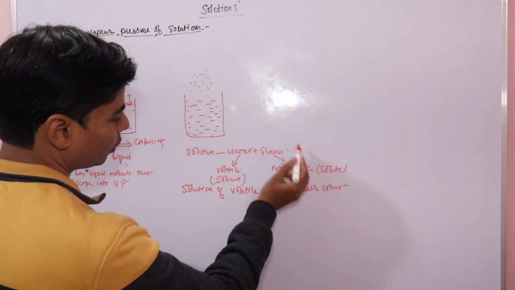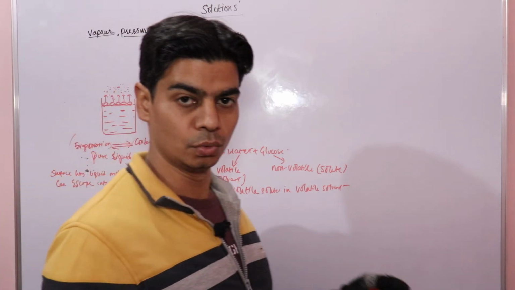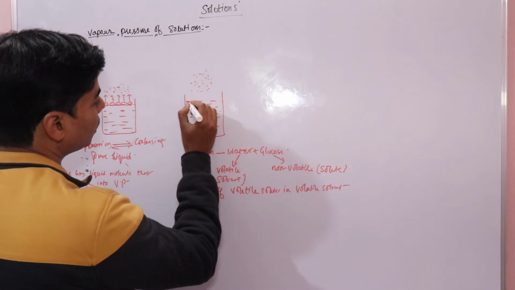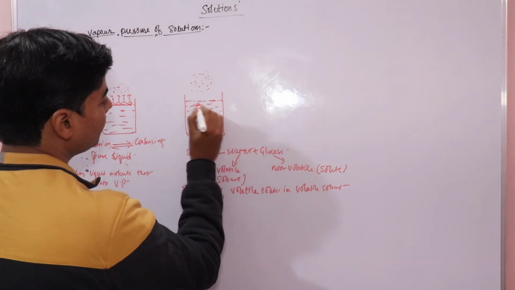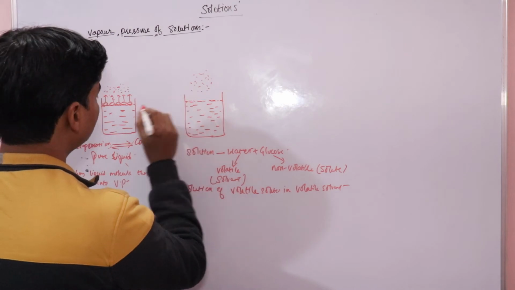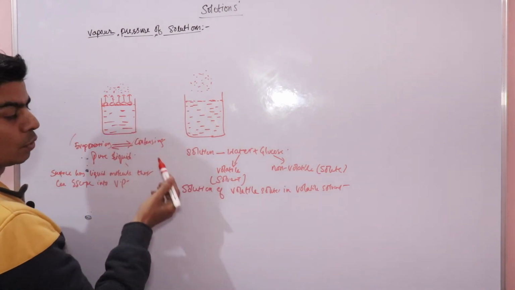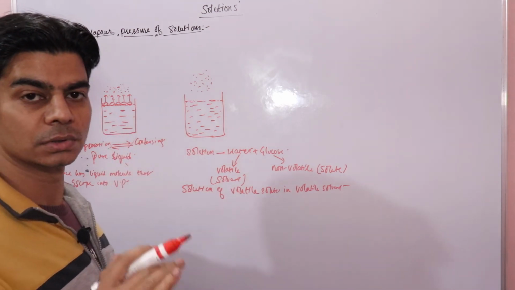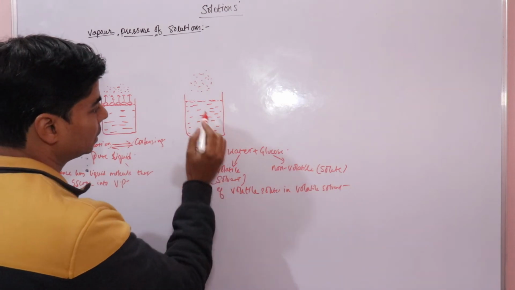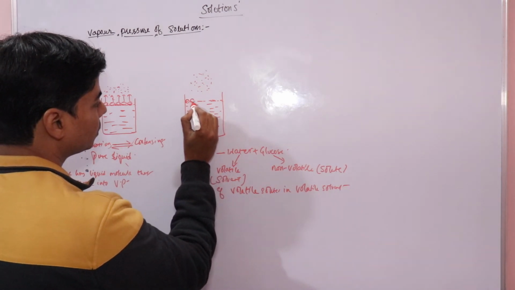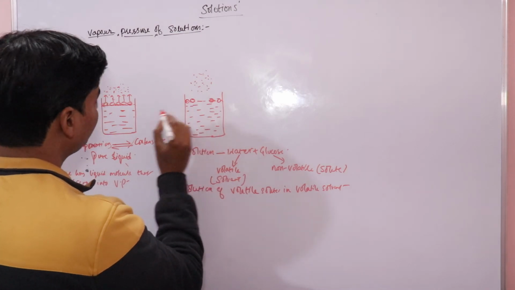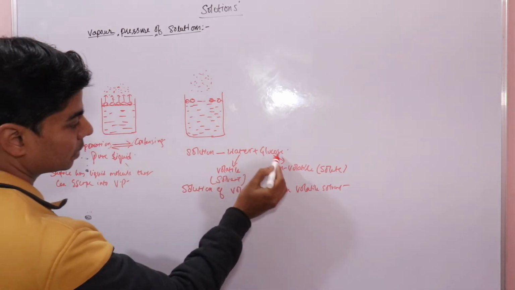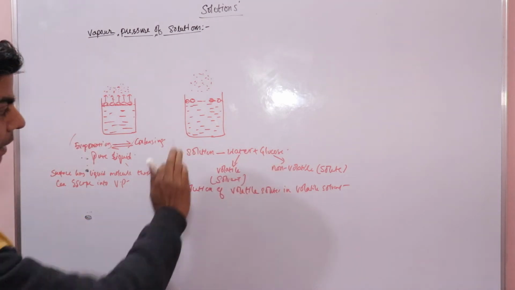Now let's compare. Here I have added non-volatile glucose, which is a solute, to this solvent, water. Earlier, when there was no solute added, at the surface we had only molecules of the solvent. Now, some of the solvent molecules would be replaced by glucose molecules in the second case.